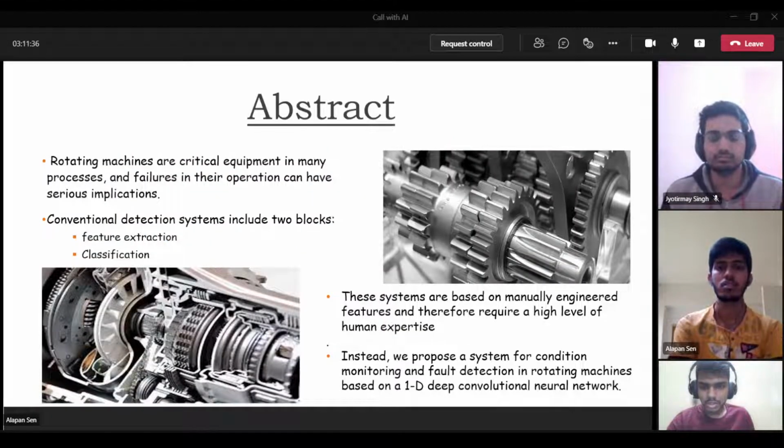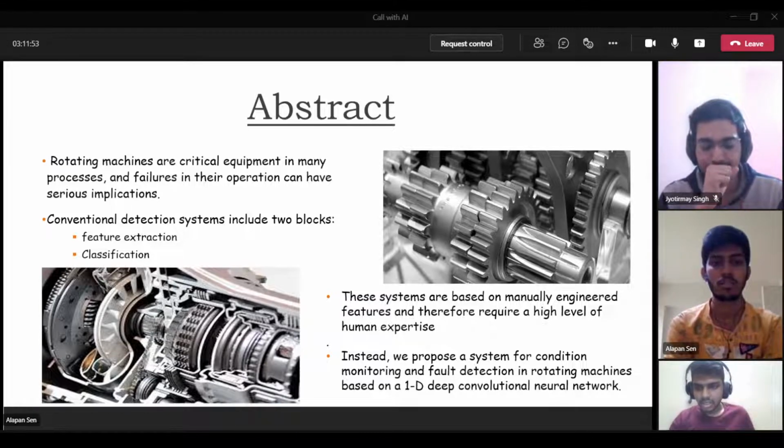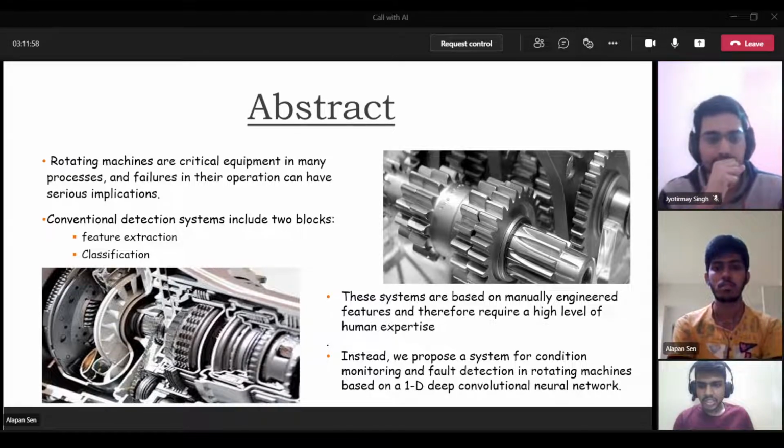Next, the abstract of our demonstration is that rotating machines are critical equipment in many processes, and failure in their operations can have serious implications for the result as well as the industry. Conventional detection systems include two blocks, mainly feature extraction and classification.